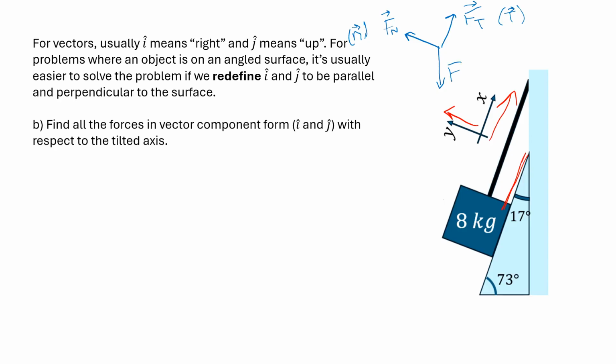And F_g, gravity. Now, the key here is the forces are balanced, and so all of the x and y components of this system, if you were to add them all together, must total 0.